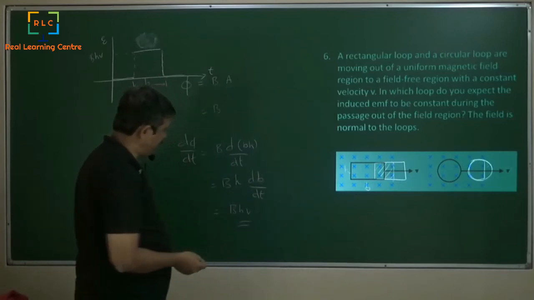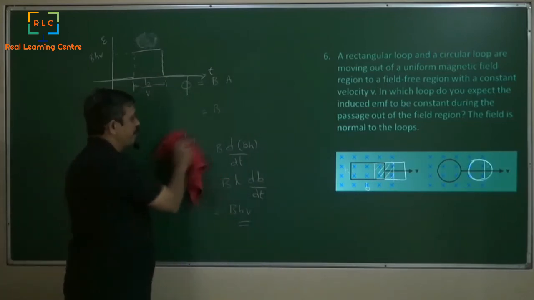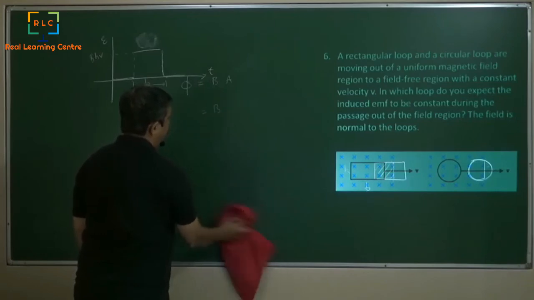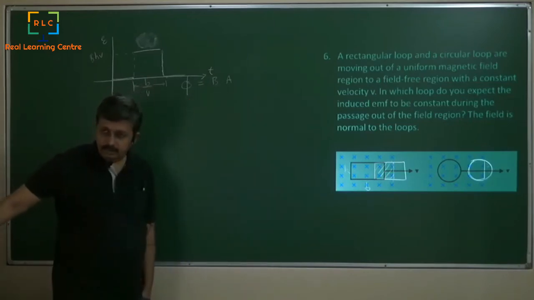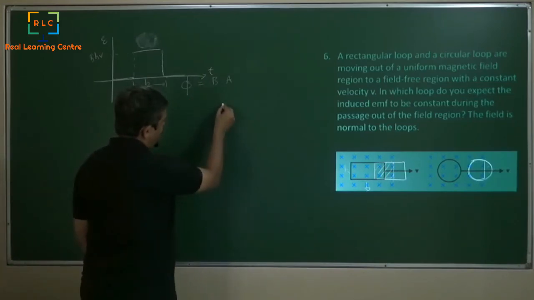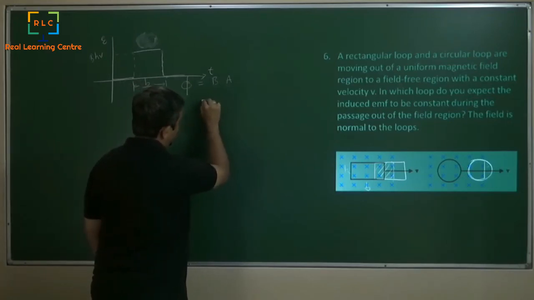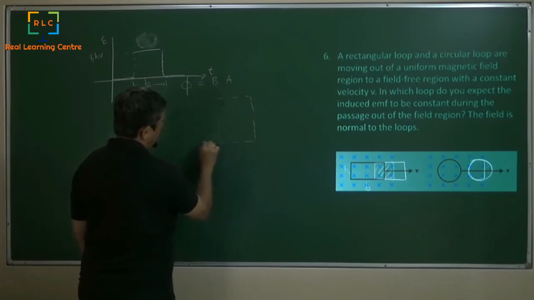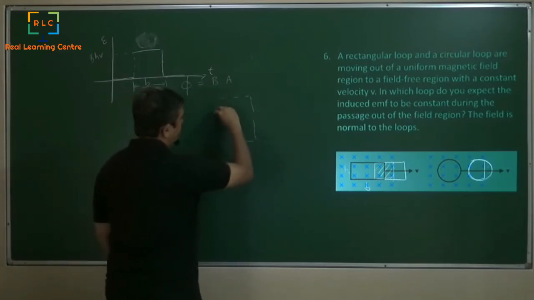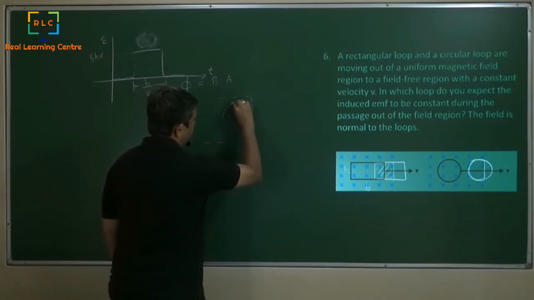If I write here in a slightly bigger way, you will get a better picture. I will take a few snapshots of time. This is my area where the B field is there, and the circle is basically like this.